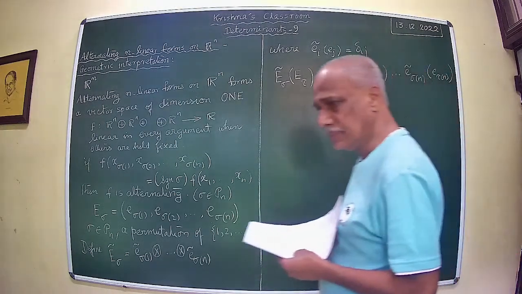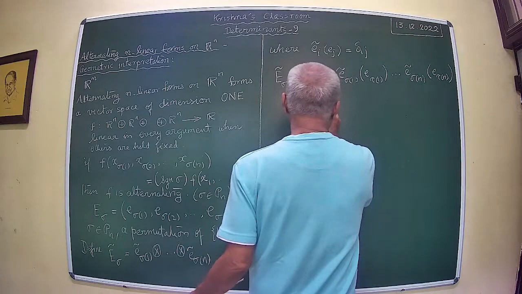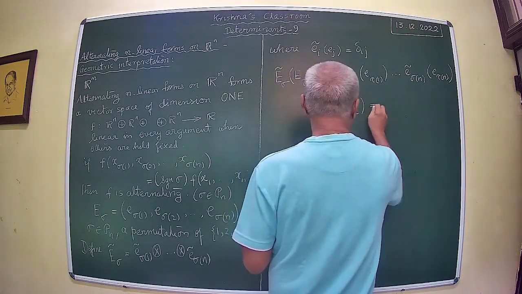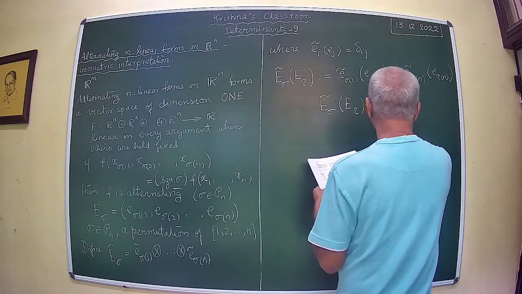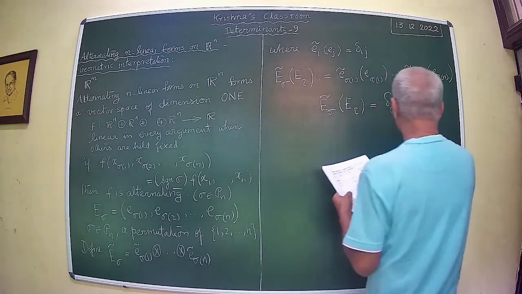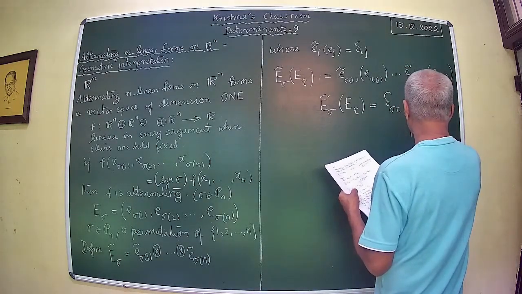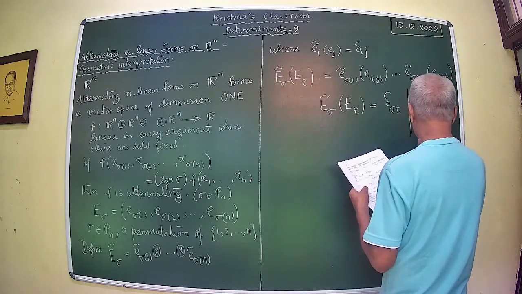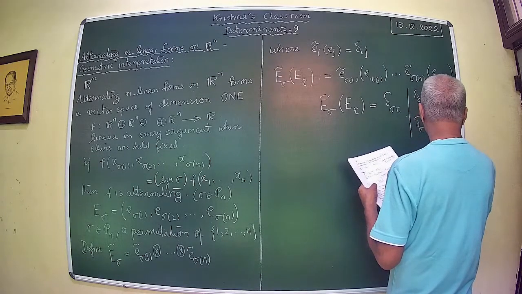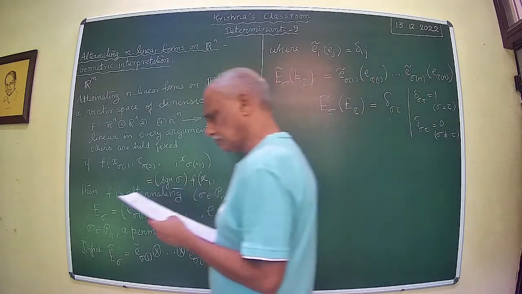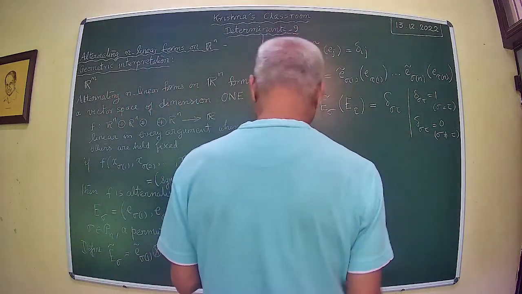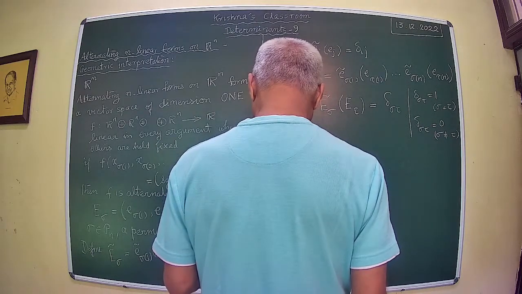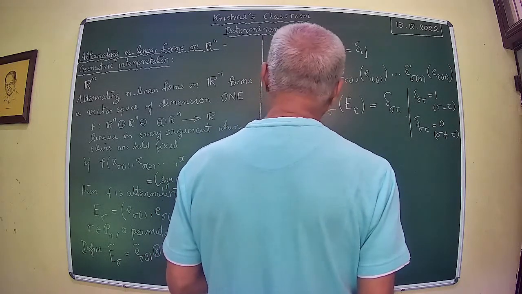Now therefore what you have is this, that is E sigma tilde acting over E tau, we shall write it as delta sigma tau, by which you mean delta equal to 1 whenever sigma equal to tau, and zero otherwise. That's our notation.